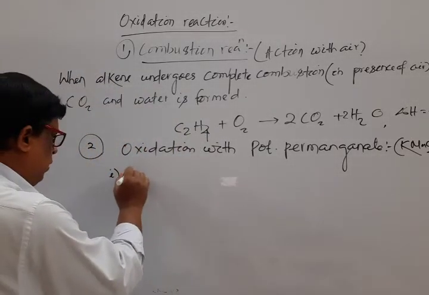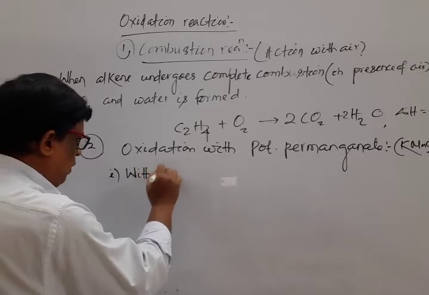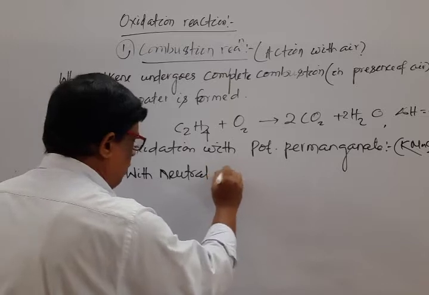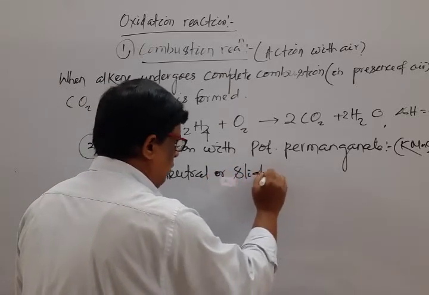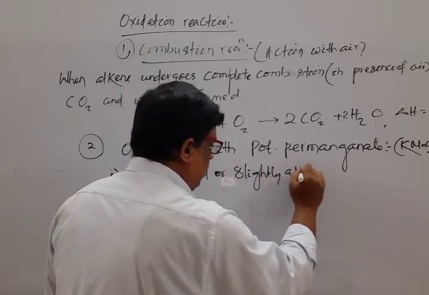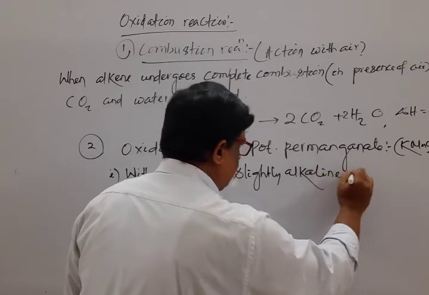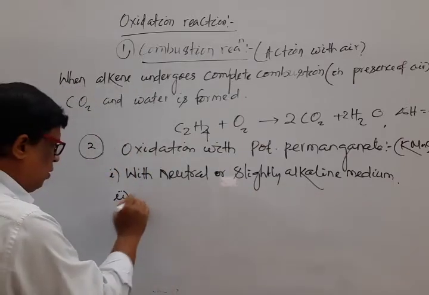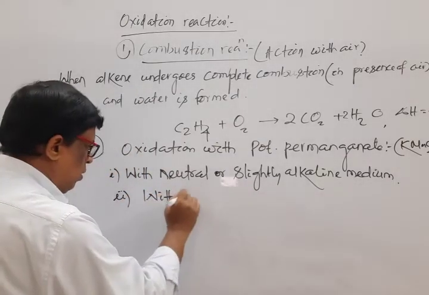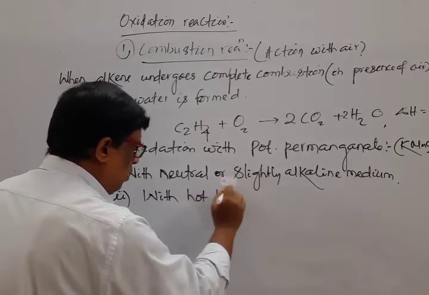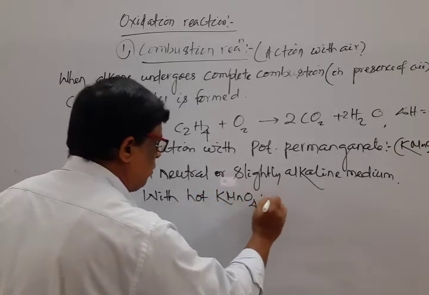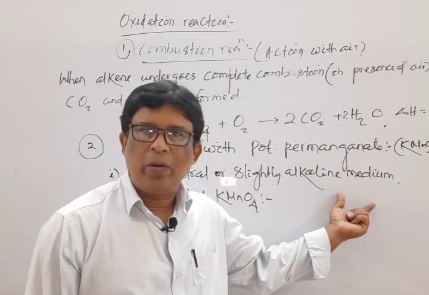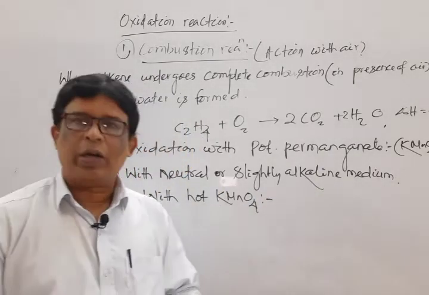One is with neutral or slightly alkaline medium, and bit 2 is with hot KMnO4. That means one is neutral with slightly alkaline KMnO4 and one is with hot KMnO4.